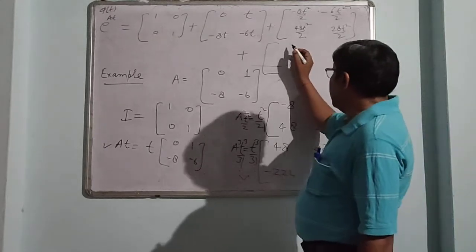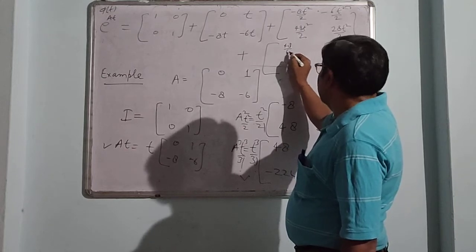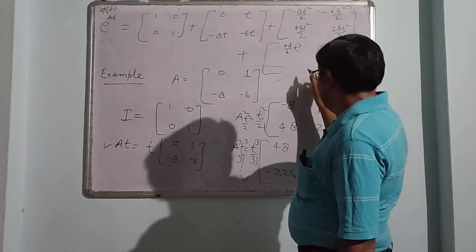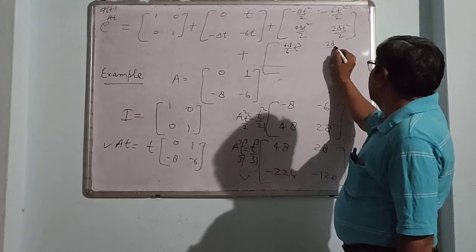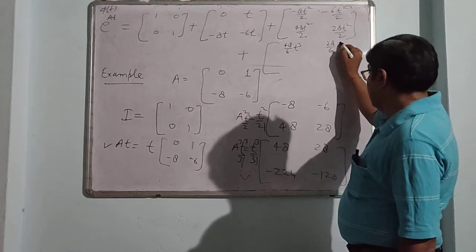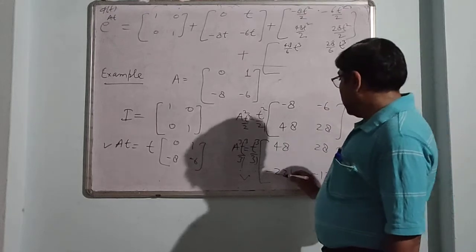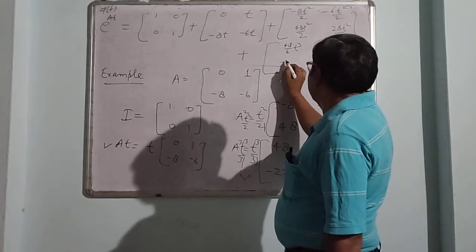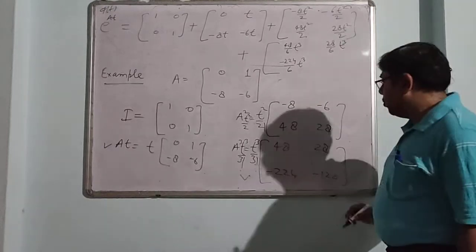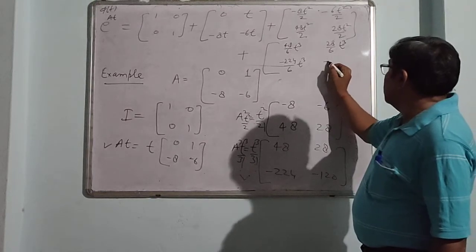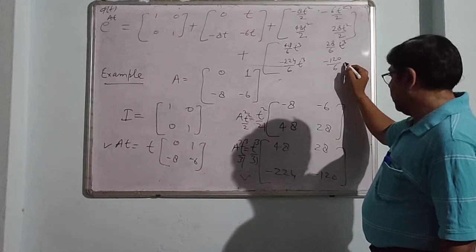So this is 48 upon 6 t cube. Next one 28 upon 6 t cube. Next one minus 224 upon 6 t cube. And this one is minus 120 upon 6 t cube.